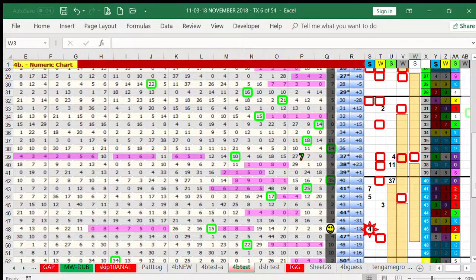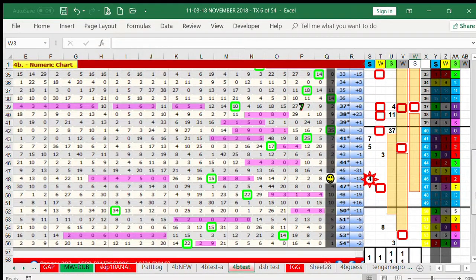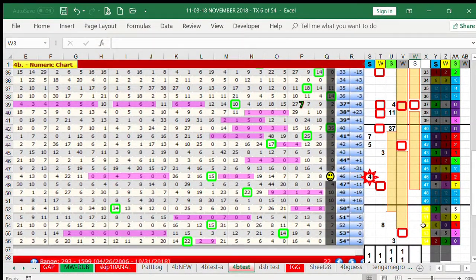But if I use the gap, getting back to the 37 and using the gap 10 going the other way, you had the 48, 49 as a neighboring pair. So you say, okay, that looks kind of decent. And then you have the 47, skip 8 here, skip 7 here.